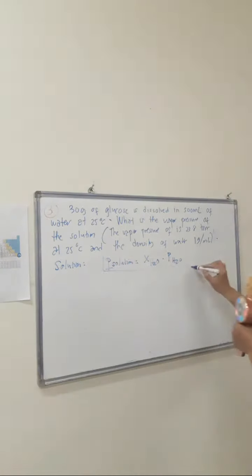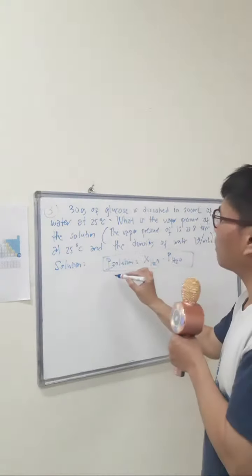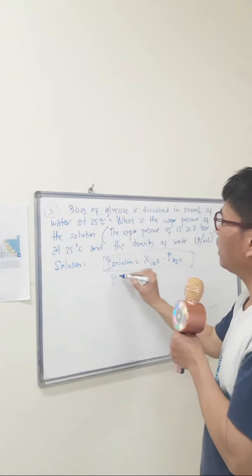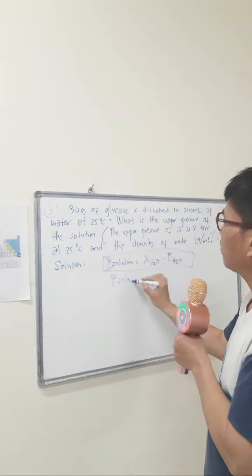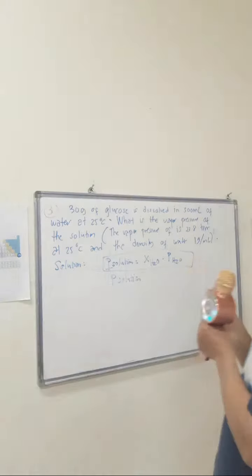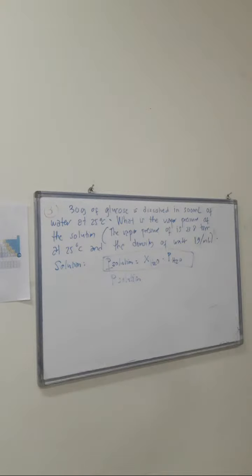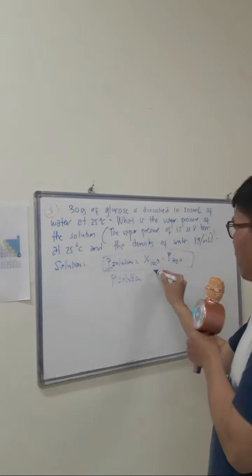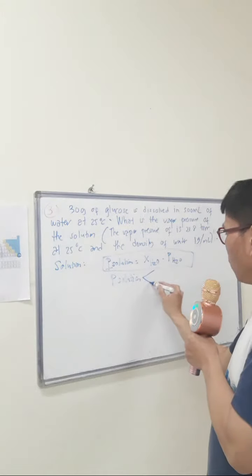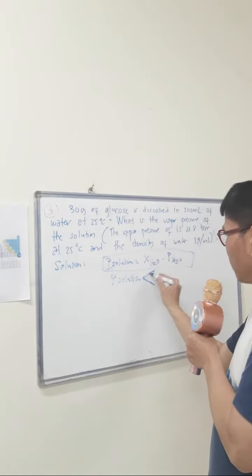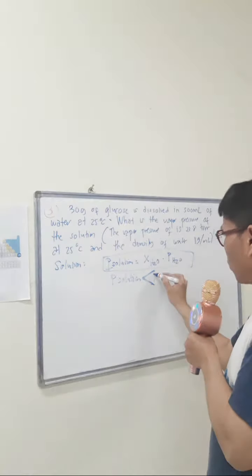Now we have the theory already that the vapor pressure of the solution is lesser than the vapor pressure of water. So it's going to be like this in math: the arrow is greater than, lesser than, the vapor pressure of water.